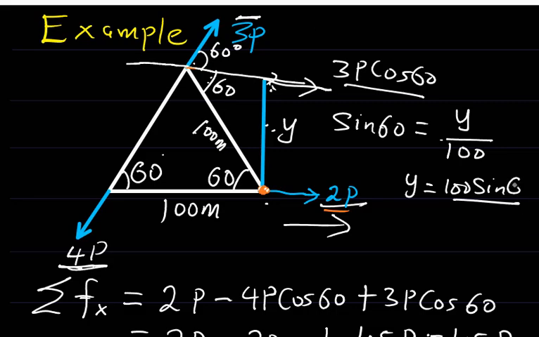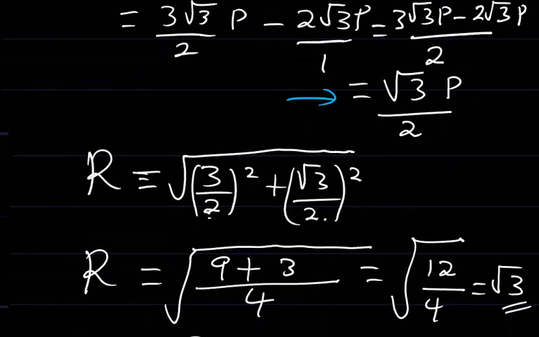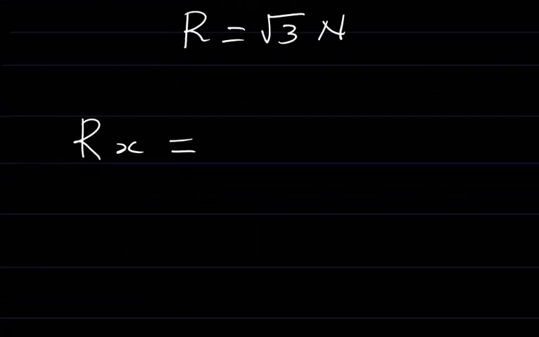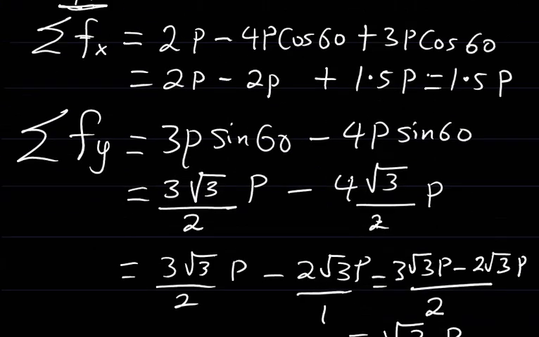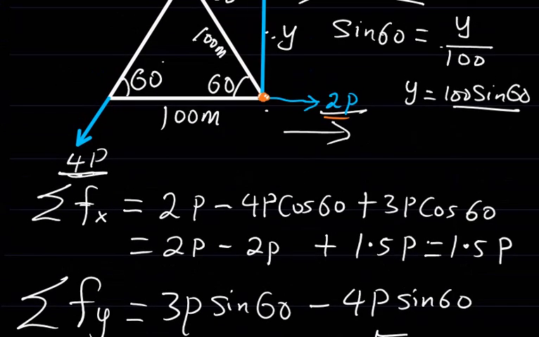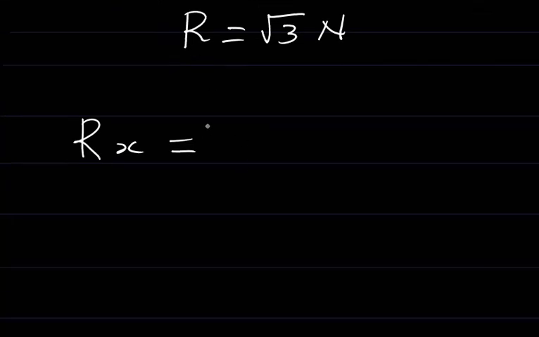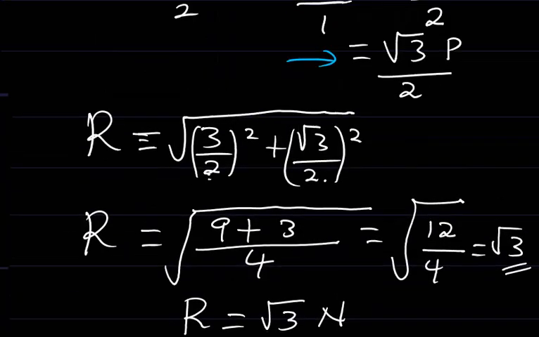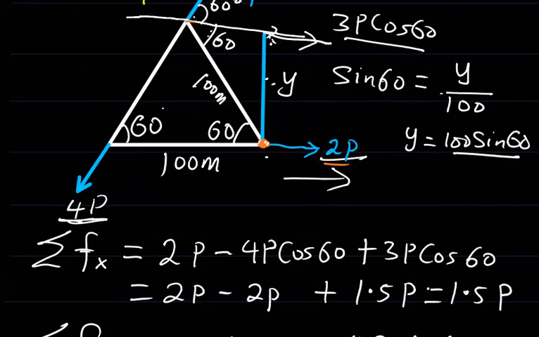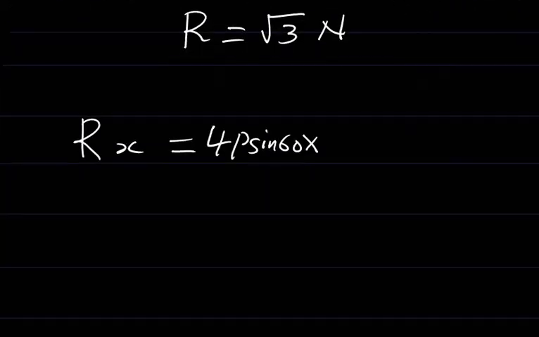All right, so let's do that. Here we go. R multiplied by the position of R, then 4p multiplied by the vertical component of 4p, which is 4p sine 60, multiplied by the perpendicular distance, which is 100 meter, then plus 3p.